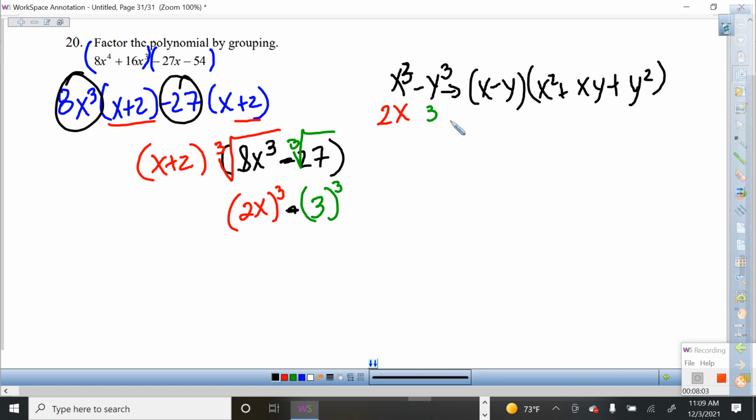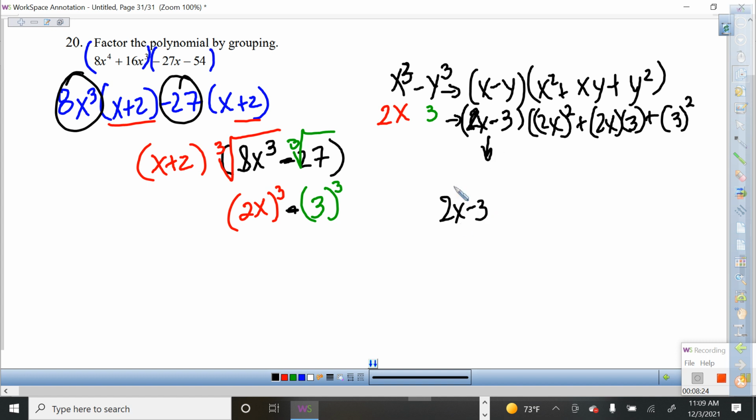If I substitute those values in, I have 2x minus 3, then 2x squared plus 2x times 3 plus 3 squared. This is 4x squared, 2x times 3 is 6x, and 3 squared is 9.